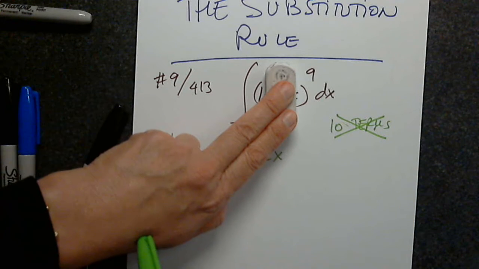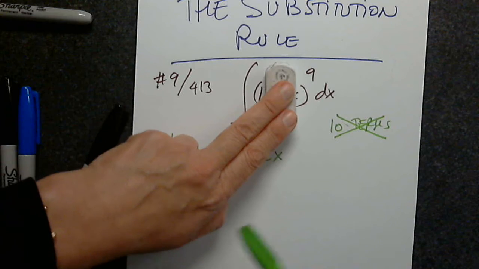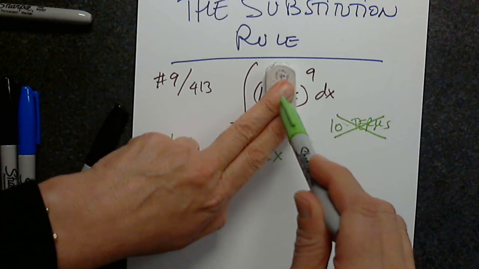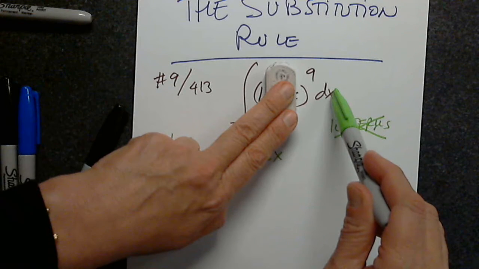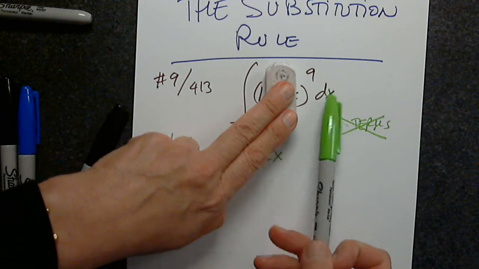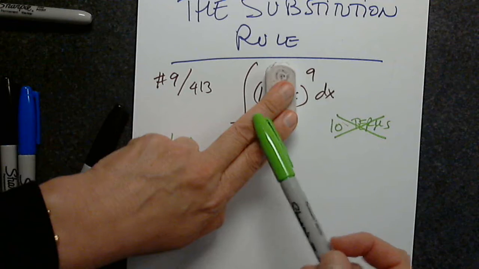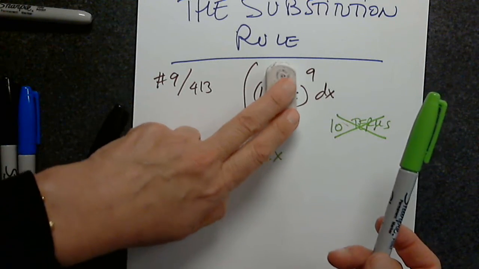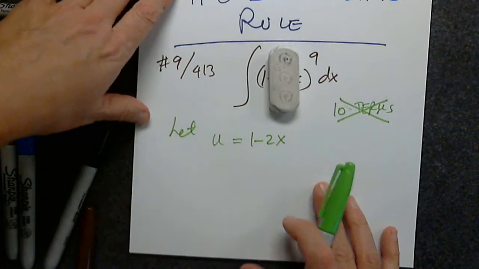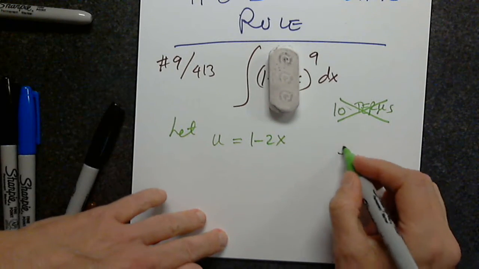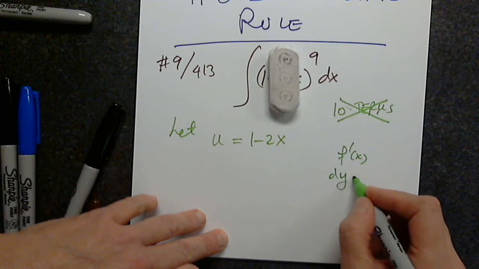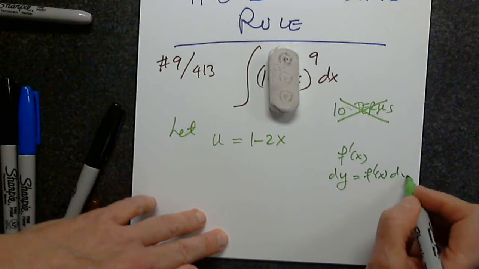But I'm running into a difficulty. I cannot have in a single integral u and x. I cannot have u dx. I have to have u du. So if you remember, we differentiated between f prime of x and dy, which is f prime of x dx.